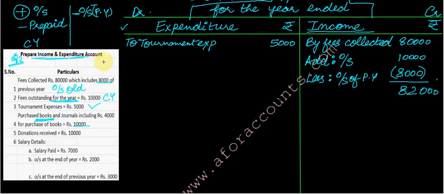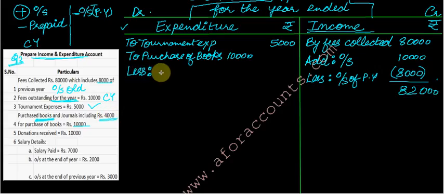So what will I do? To purchase of books and journals is my expenditure. How much? It is 10,000. To purchase of books 10,000. 4,000 is purchase of your books. So subtract it from here. Cannot show in your expense.